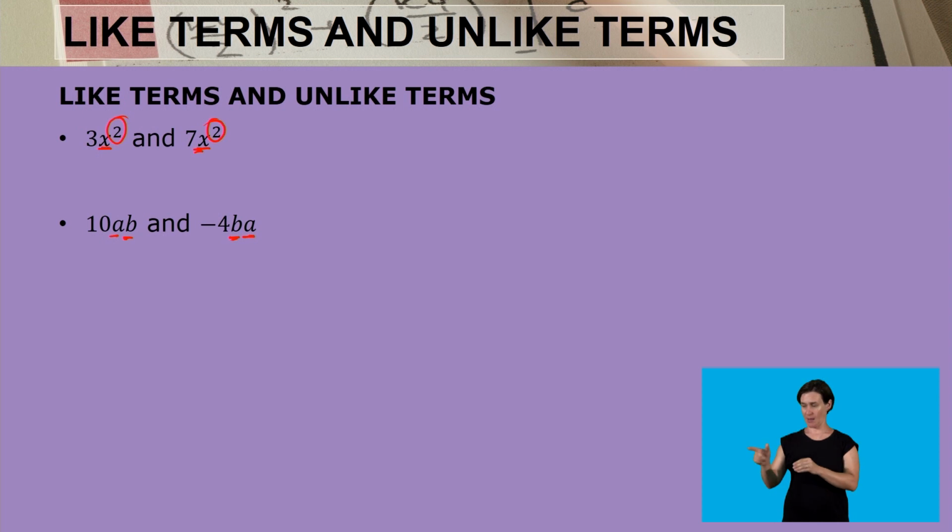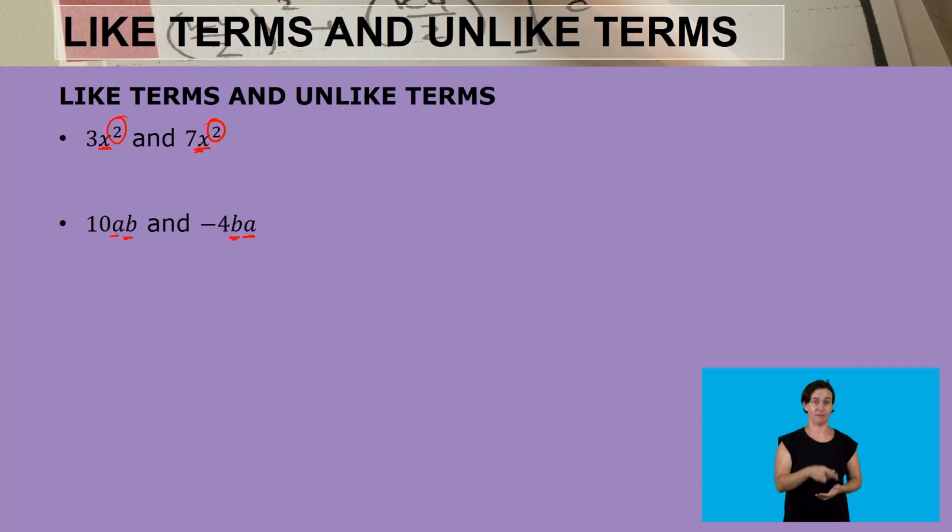So even if the variables have been written the other way around, remember, multiplication is commutative. So a times b is the same as b times a. Now, do they have the same exponent to those variables? Of course they do, because we can see that the a has an exponent 1 in both terms, and the b also has an exponent 1 in both terms.